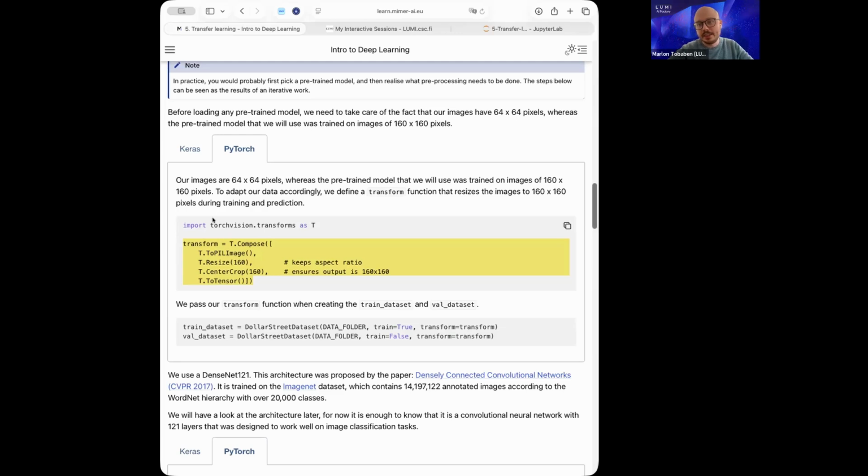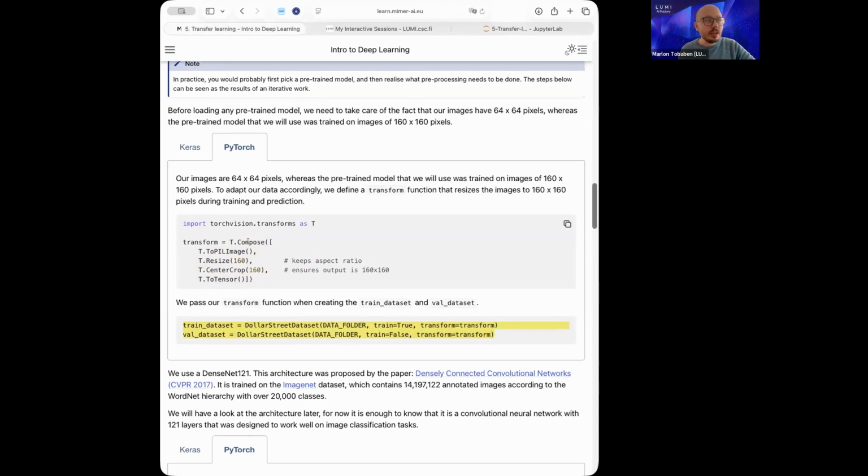But generally, the idea is that we have our images, they are of a particular size, and we increase the size. Then when we create our training and validation data sets, we pass this function. This just takes our images and adapts them.